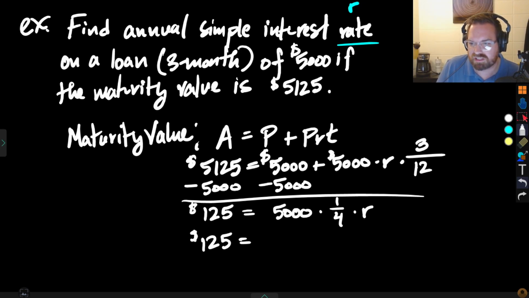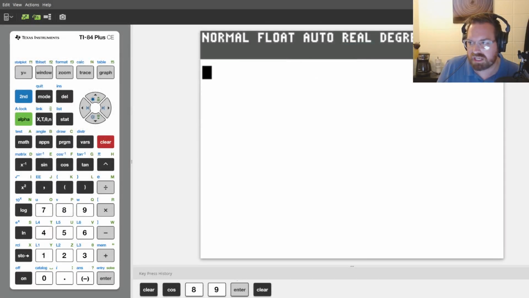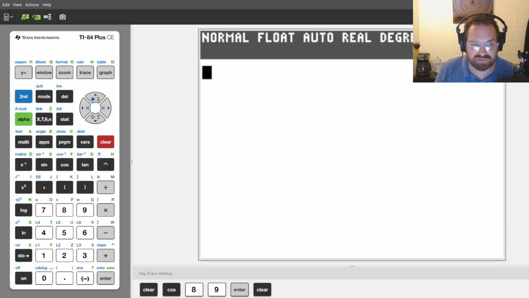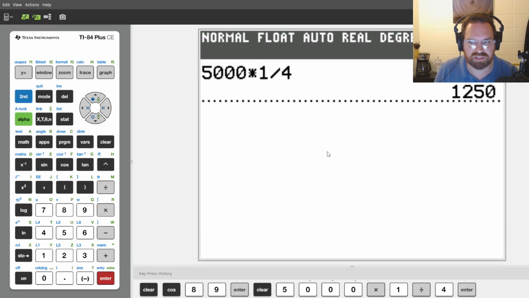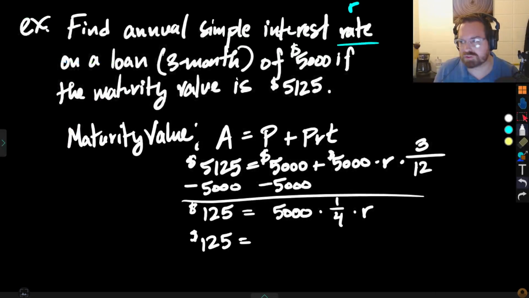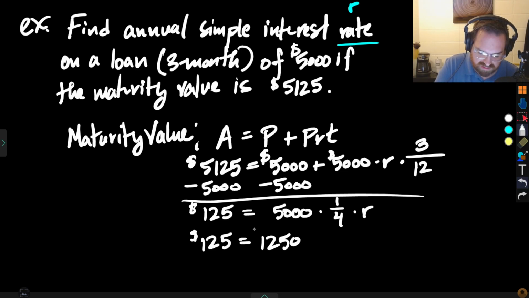If you've got a calculator, we'll be using this TI-84 quite a bit. Feel free to use it whenever you want. So 5,000 times 1/4. Punch it in, 1250. So this is going to be 1250 here, and we're still multiplying by R.